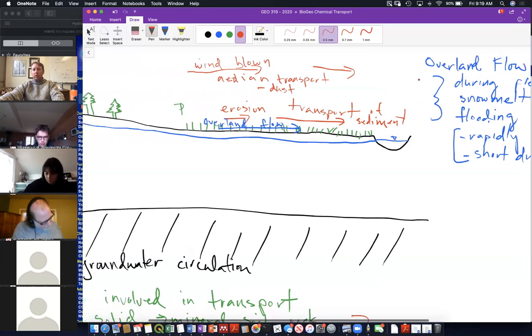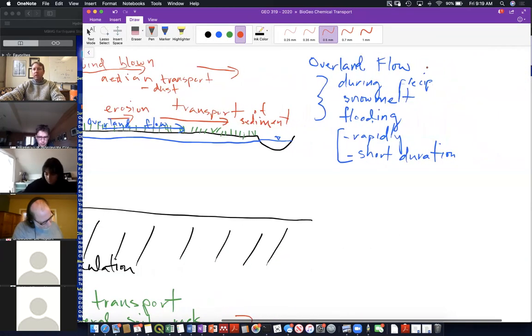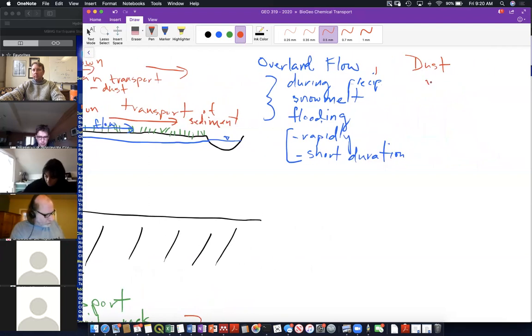And this one doesn't necessarily have to be during a precip event, but you do have to have the wind blowing. It happens rapidly, but dust blows more often than it precipitates, really.